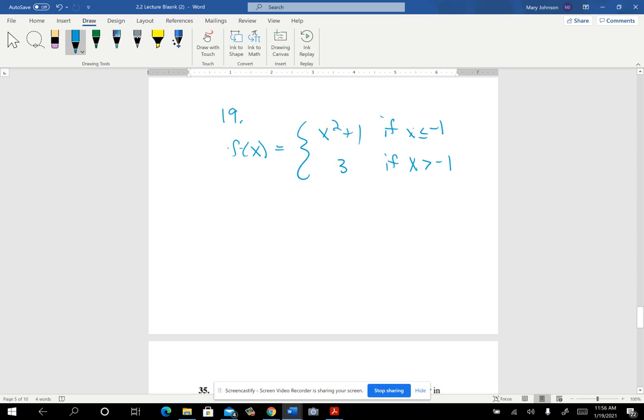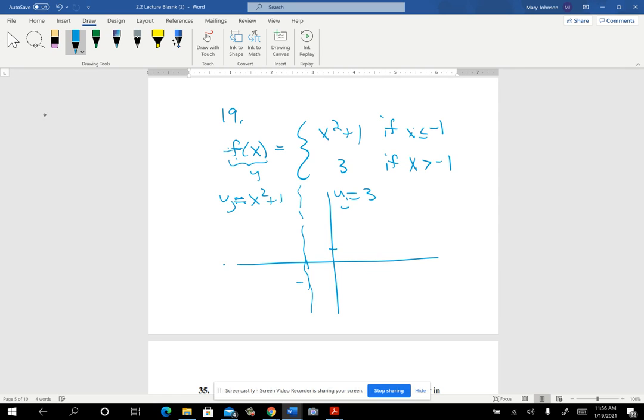All right, so to do a graph, here's kind of what you should think. You think about being over here at -1, that when you're to the right of this spot, you're going to use the rule that the output equals 3, that the y value, this is really y, that y equals 3. When you're to the left of -1, you're going to use the rule that y equals x squared plus 1. Okay?